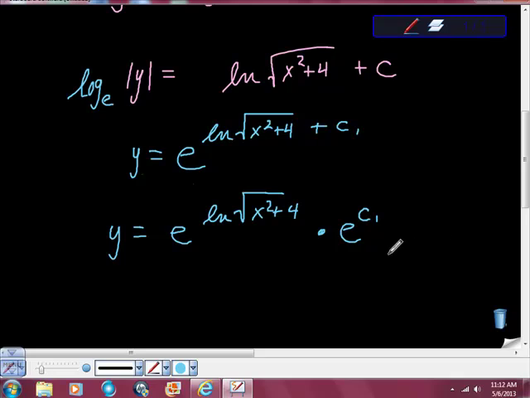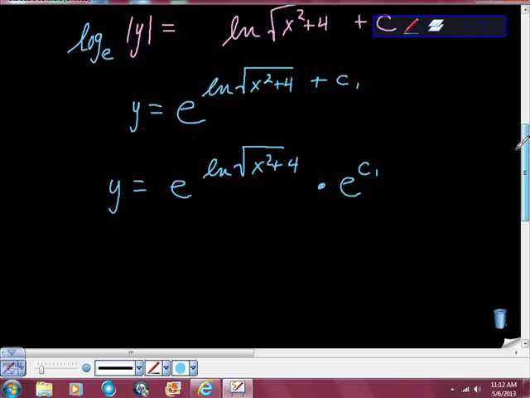I'm hoping that it does make good sense, because we're really getting there now. If you look at this, e to the ln is just this value here. So now we get y equals the square root of x squared plus 4 times e to the power of c. This is where people get a little freaked out.